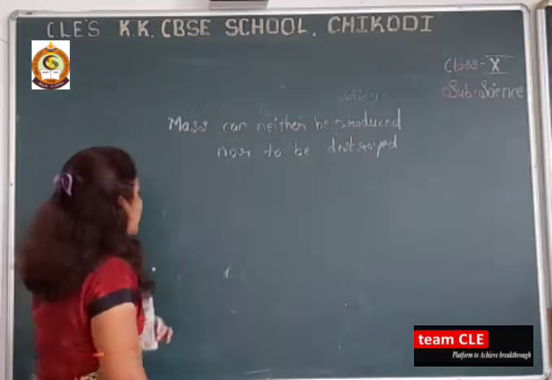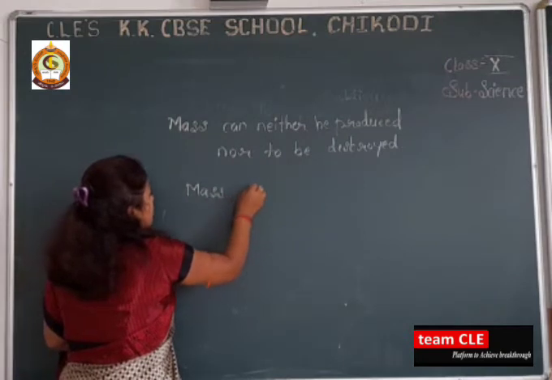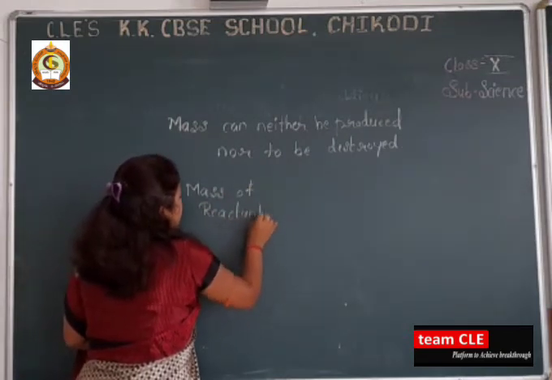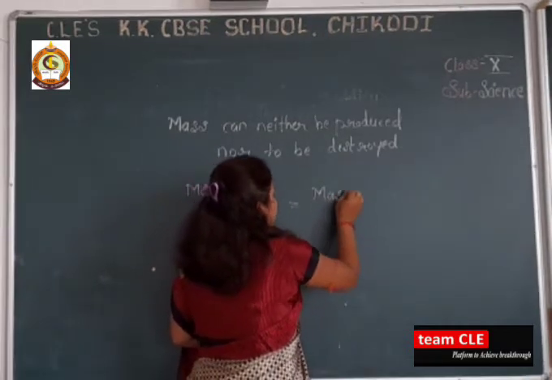So in this way, the mass of the reactants is equal to the mass of the product.